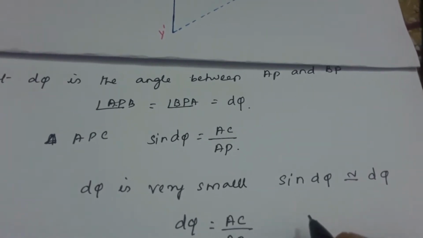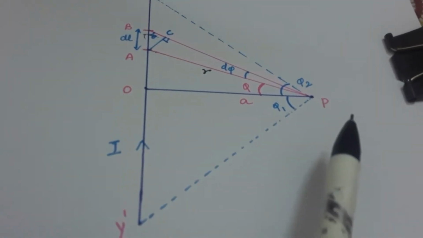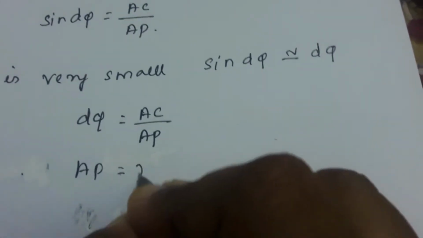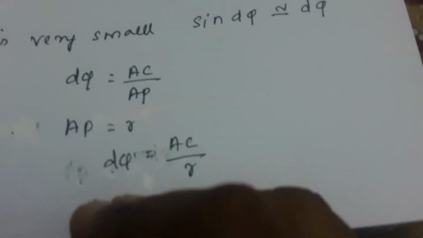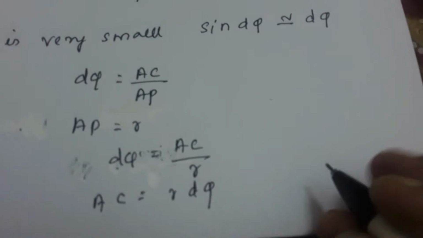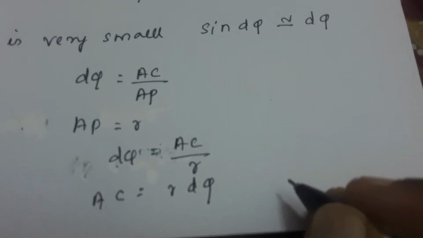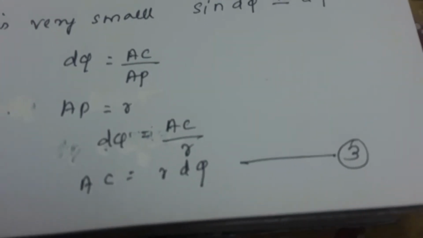From the diagram, AP is equal to r. So we substitute AP is equal to r, so d phi is equal to AC by r. So AC can be written as r d phi. This I am going to take as equation number 3.